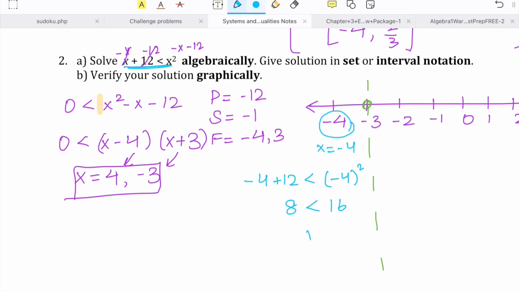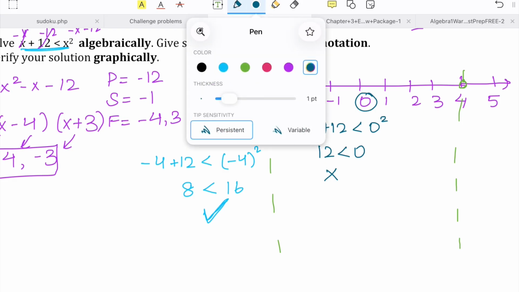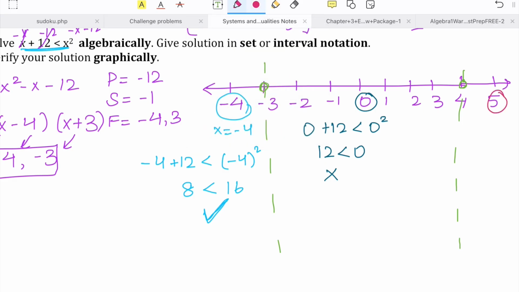So that's part of the solution. Let's take 0, easy, right? 0 plus 12 less than 0 squared. 12 is less than 0. Is that true? No, it's not. Not part of the solution. Let's take 5. So we have 5 plus 12 is 17, less than 5 squared. 17 is less than 25. Is that true? Yes, it is.